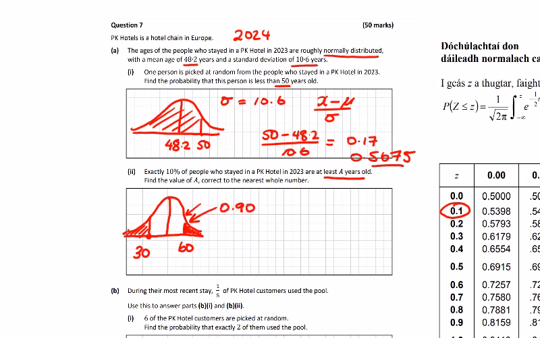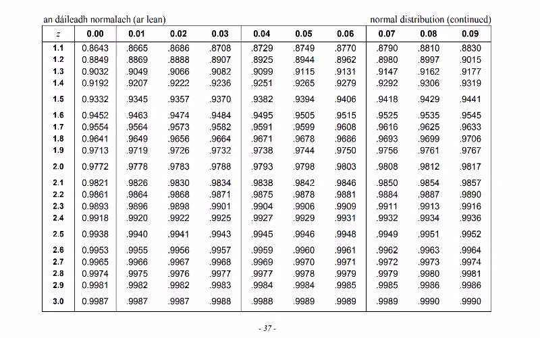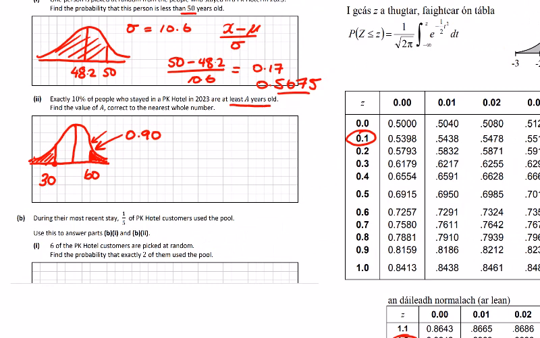So we need a z-score for 0.9, which is on the next page. The closest to 0.9, this one's closer, so that's 1.28 for a z-score. So we're testing x, we'll call it a because they call it a in the question.